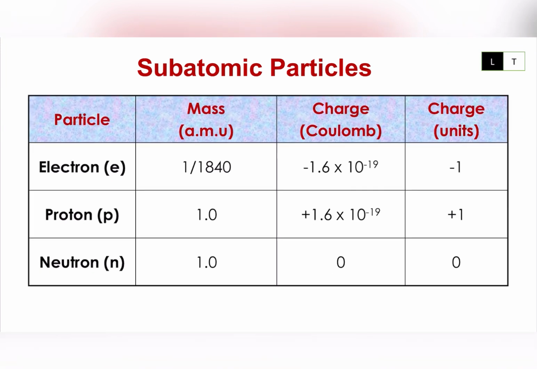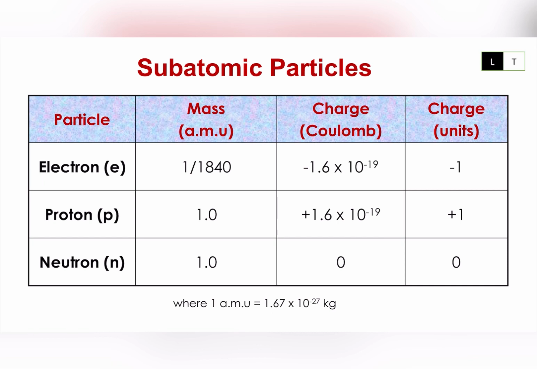These are the specific values for the subatomic particles, specifically the 3 of them: electron, proton, and neutron. The mass of them is very, very small. That's why we use the unit atomic mass unit, AMU, where 1 AMU is equivalent to 1.67 times 10 to the power of negative 27 kilogram.